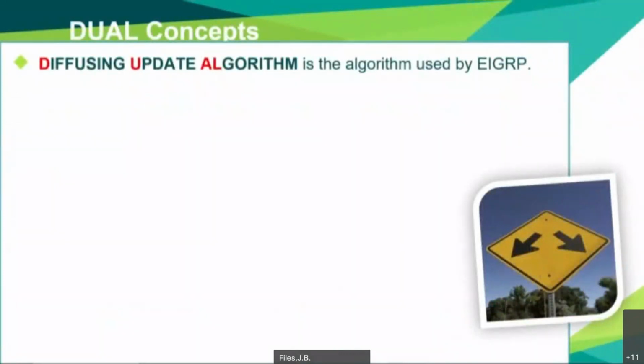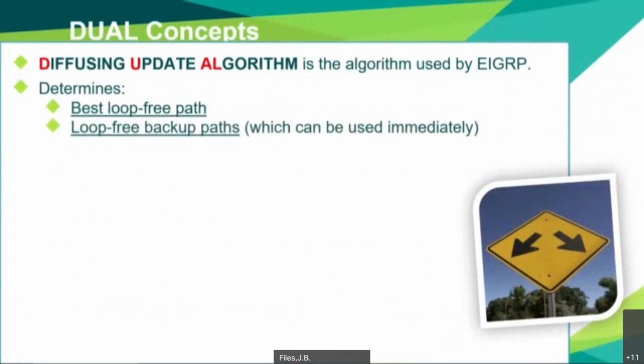So what does DUAL do? It's the algorithm used by EIGRP. Okay, it determines the best loop-free path as well as loop-free backup paths, which can be used immediately. If the best path goes down, we can use those backup paths immediately. Like it's ready to go.